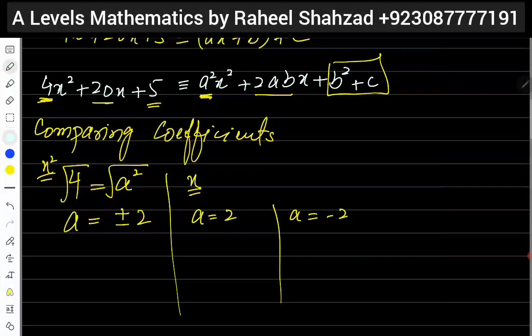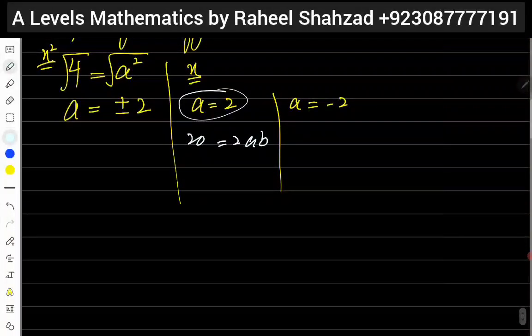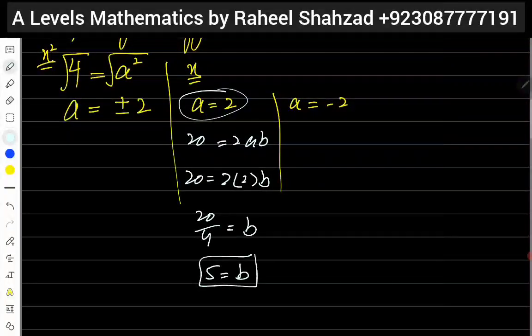So if a is 2, your coefficient of x is 20, here it is 2ab. So I'm taking a as positive 2 for now. 20 is equal to 2 times 2 into b, so 20 divided by 4 is equal to b. So you get b as 5, and if you take a as minus 2, we will definitely have to consider it.